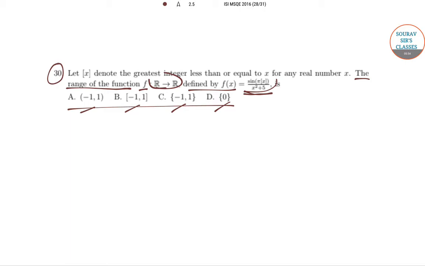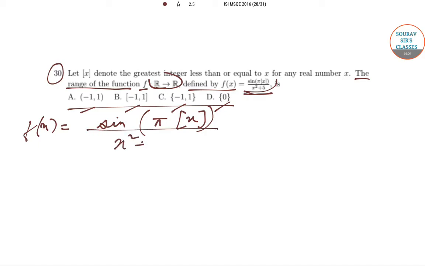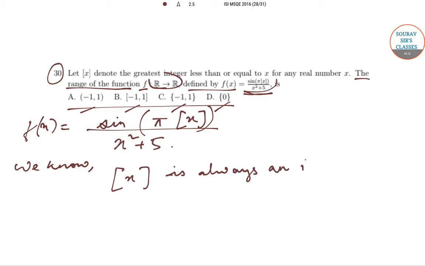Now we have been given that f of x is equal to sine of pi times greatest integer of x upon x square plus 5. Now we know that greatest integer of x is always an integral value.